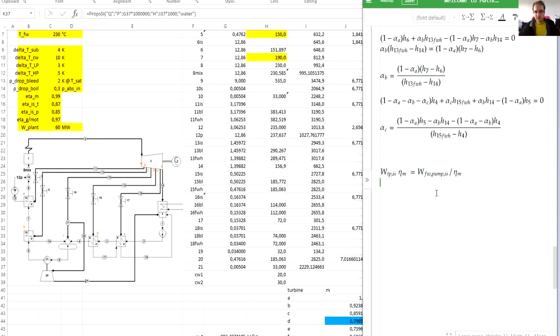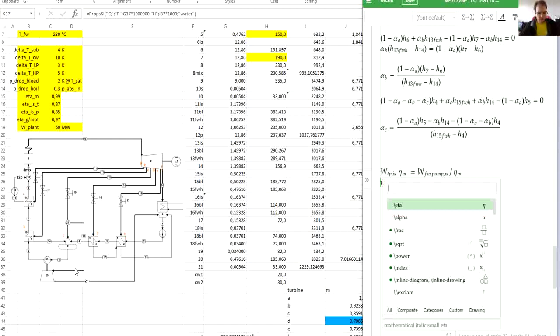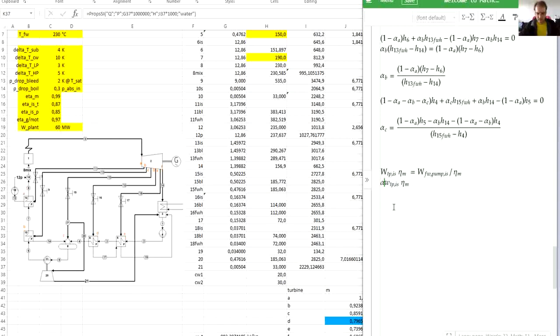So we can also write this as this work of the turbopump is unit work of the turbopump times the mass flow rate of the turbopump, which will be expressed as alpha Tp.